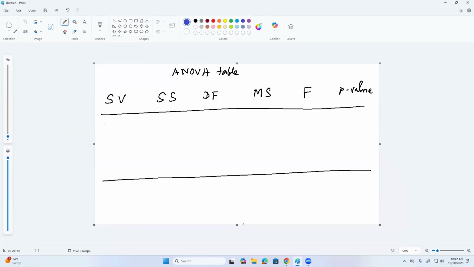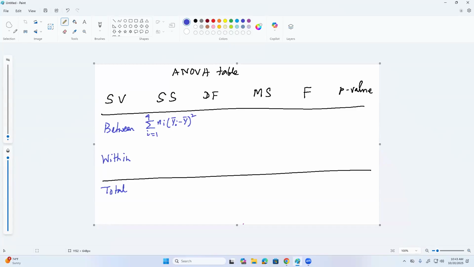Source of variation is between, and this is called within, and this is called total. Sum of square for between has the following formula: the sum over i of n sub i times y bar i minus y bar, squared. In your case it is 4 groups, therefore you sum over i equal to 1 to 4.